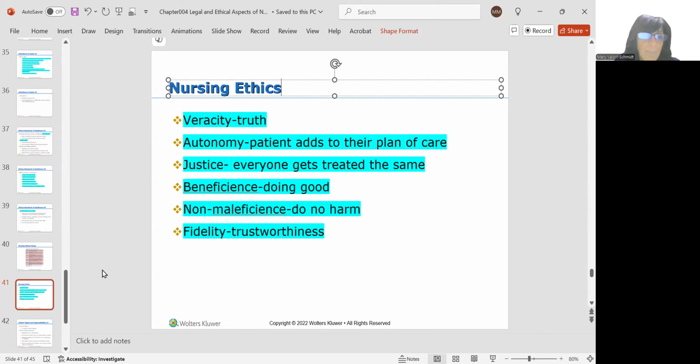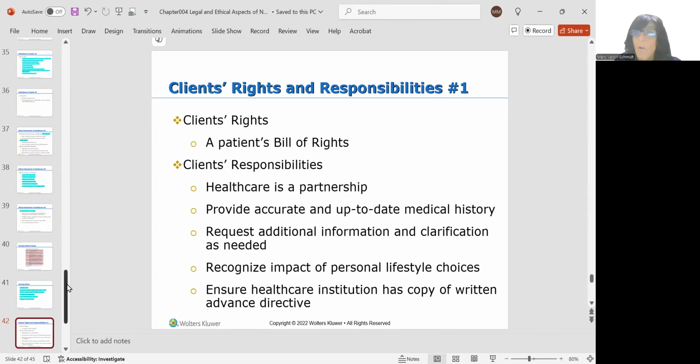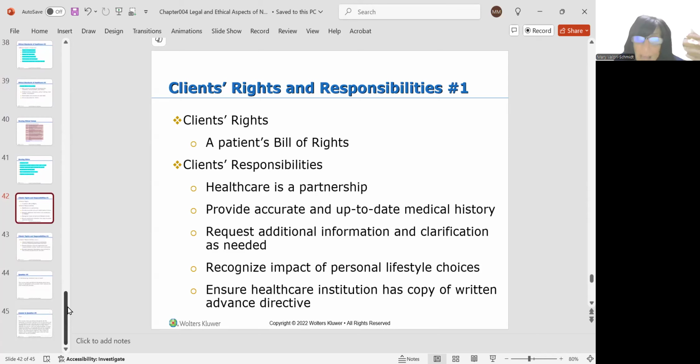Okay. And then what are the client's rights and responsibilities? Well, they have them too, right? There's always a Bill of Rights in any healthcare facility that explains what the patient has the right to, right? They have the right to autonomy. They have the right to be a participant in their plan of care. They have the right to dignity and self-worth.